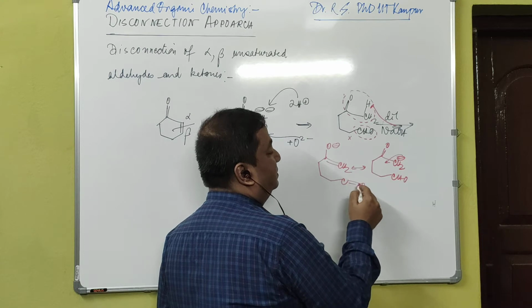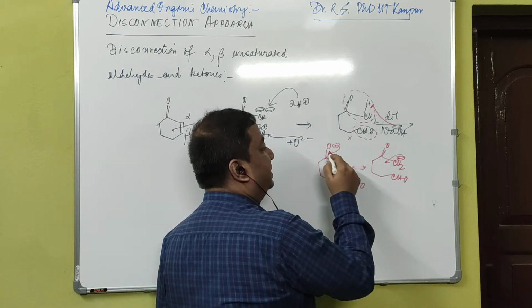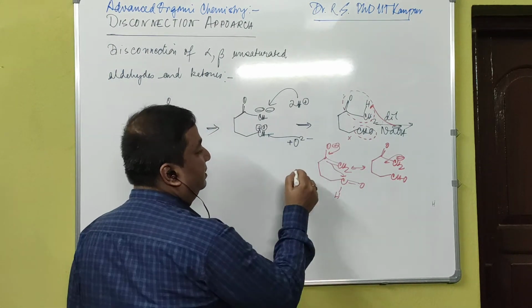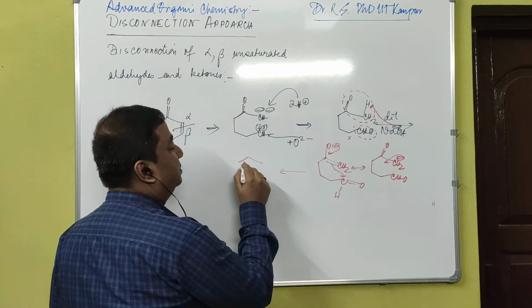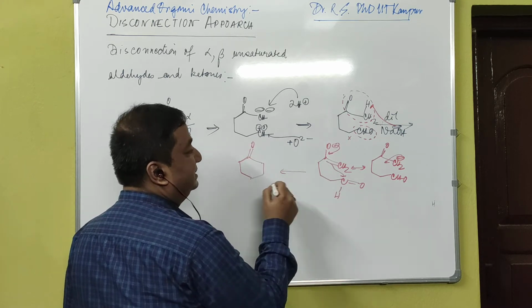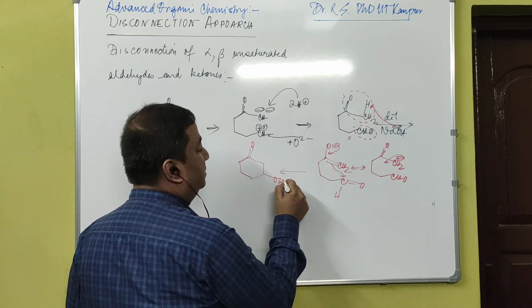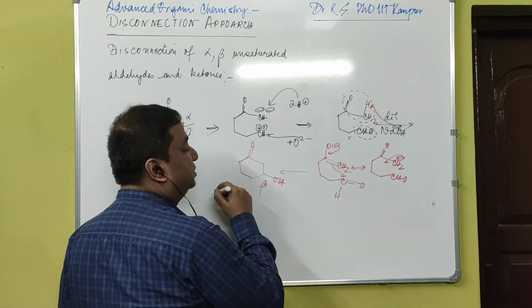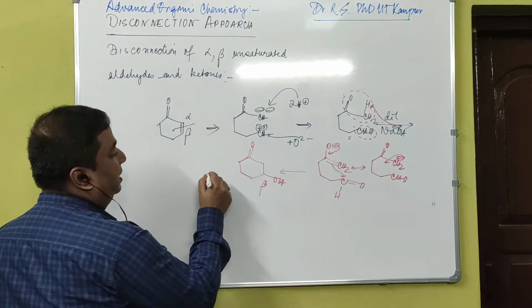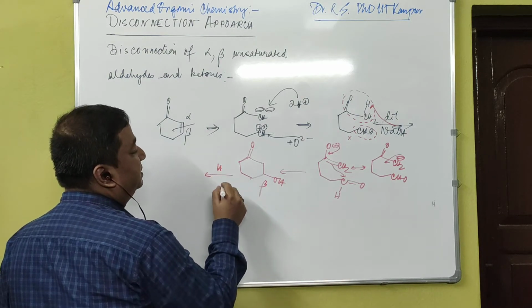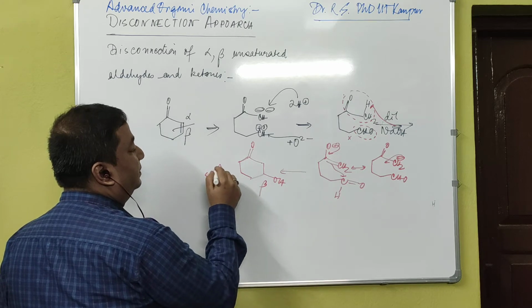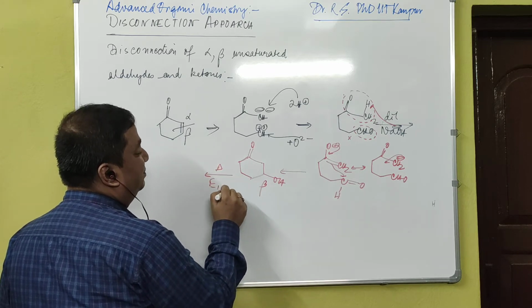Then, subsequently that will come back and you attack with the enolate, okay, which now gives you something like this, and you have your OH which is in the beta position, so it is called beta hydroxyketone, and under heating conditions, following E1CB mechanism.